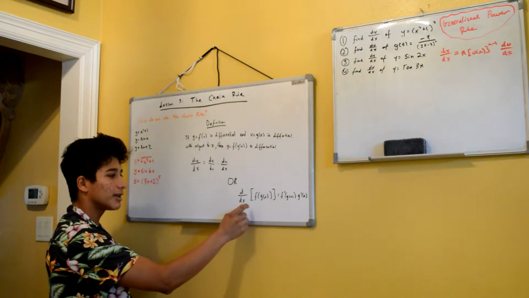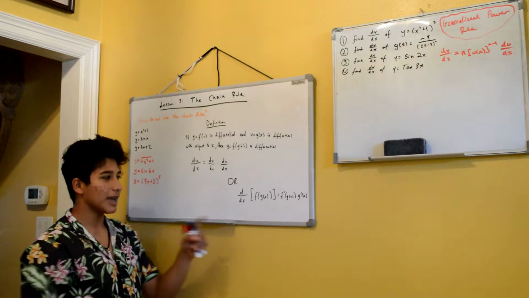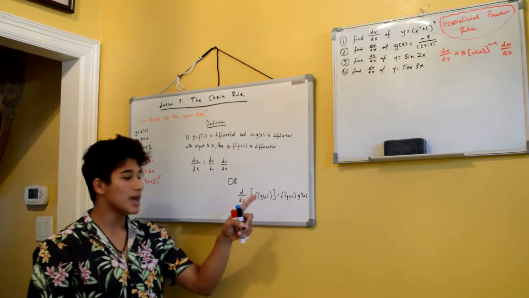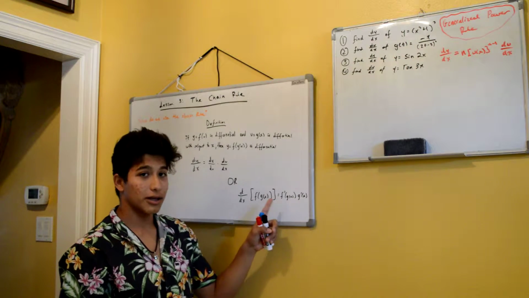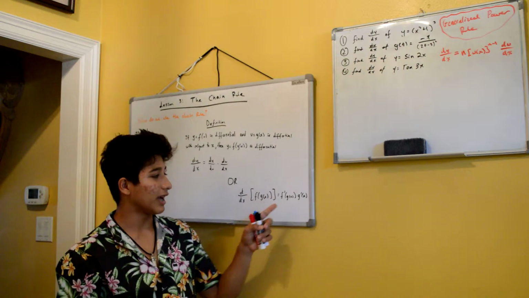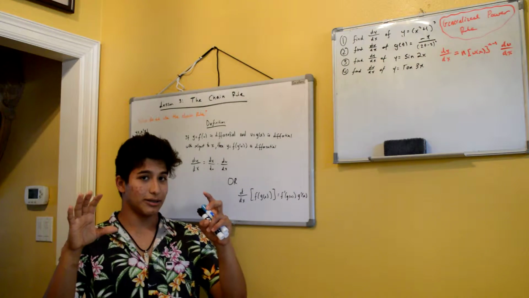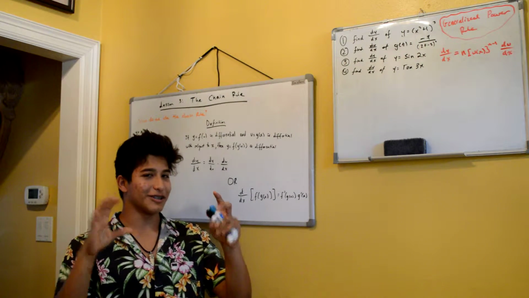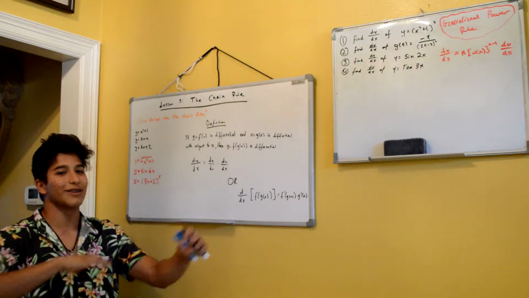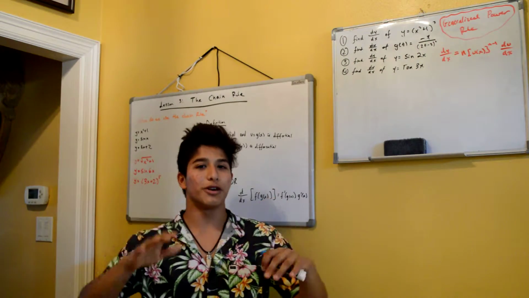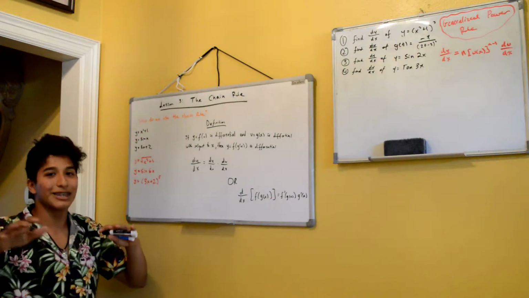Or we can also write it as the derivative with respect to x of your composite form is the same thing as the derivative of f of g of x times the derivative of g of x. I know it sounds a little complicated. I think I'm just confusing right now, but don't worry, I'll explain it to you later.